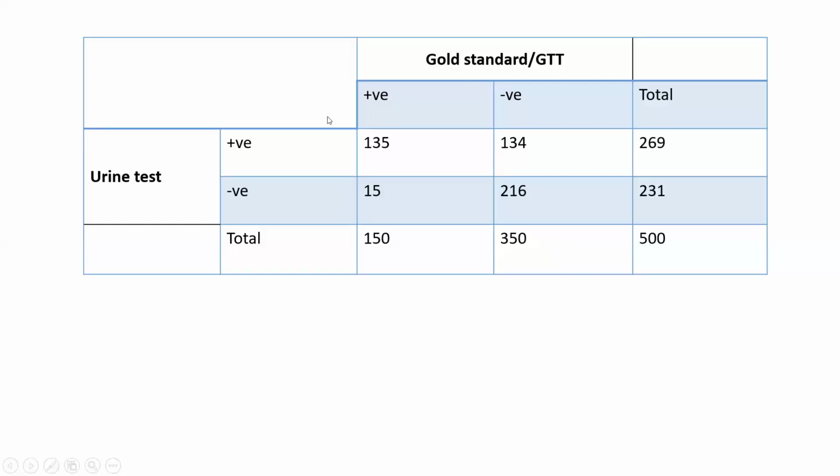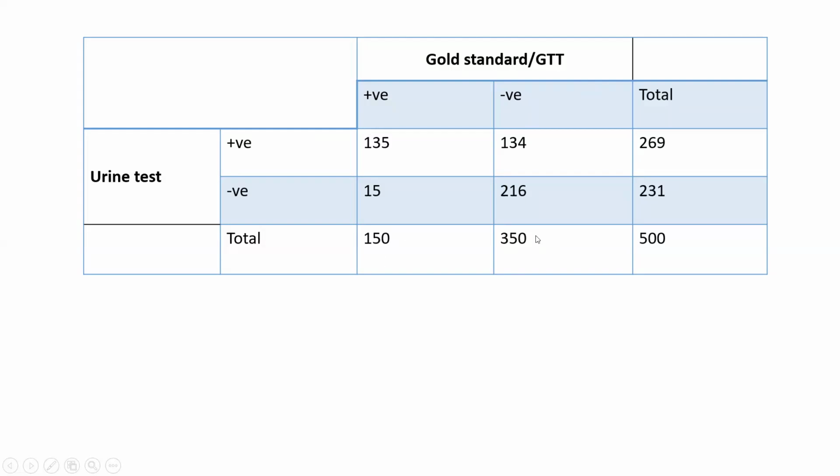This is the 2x2 table. The gold standard GTT test is positive in 150 and negative in 350. So actually there are 150 who have diabetes mellitus and 350 who don't have diabetes. The screening test identified 135 out of these 150.